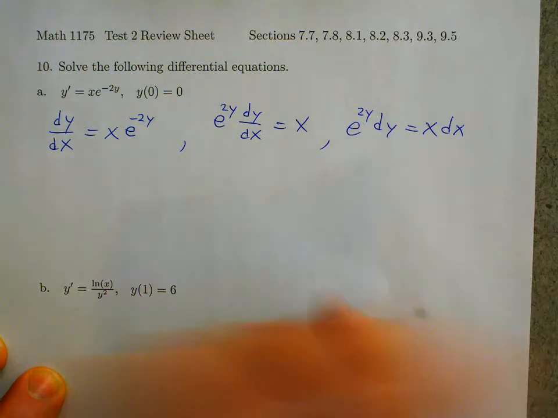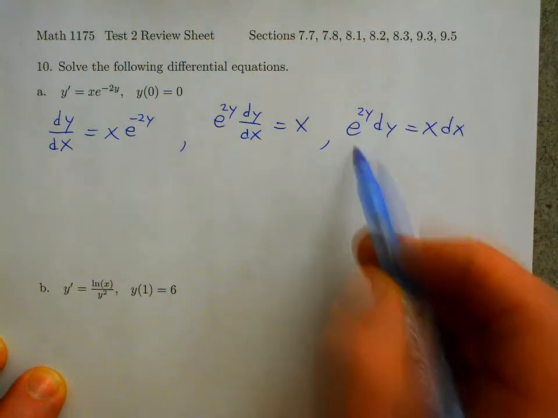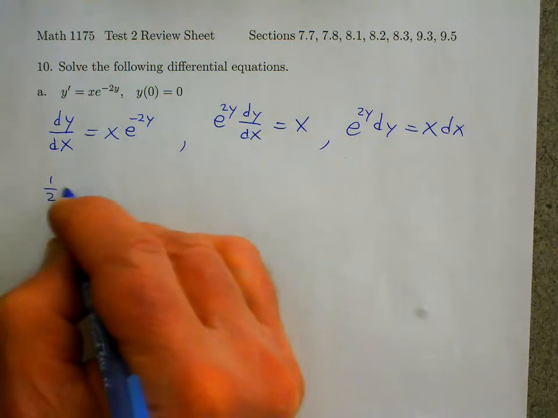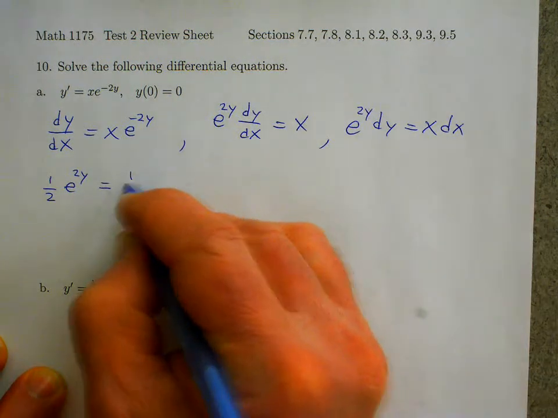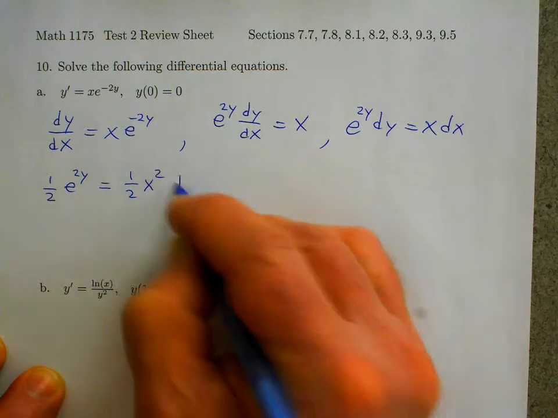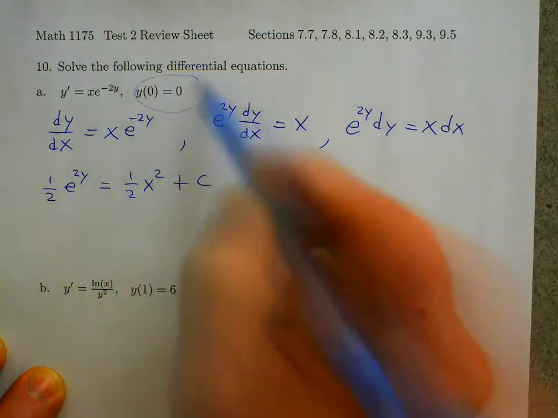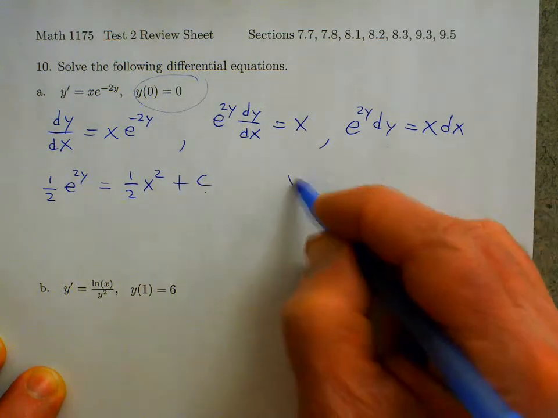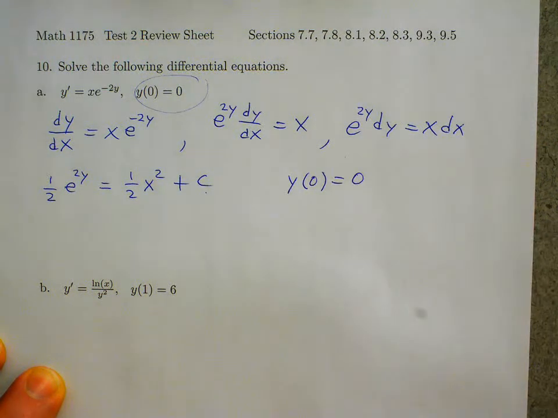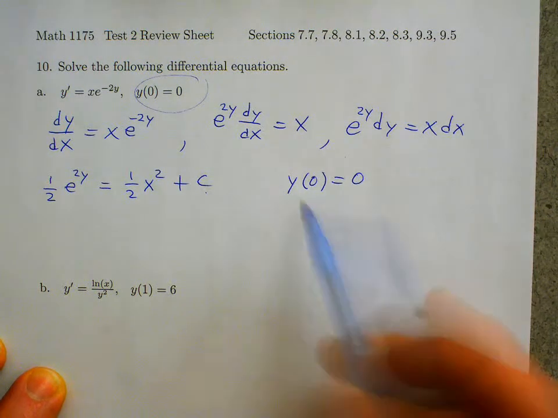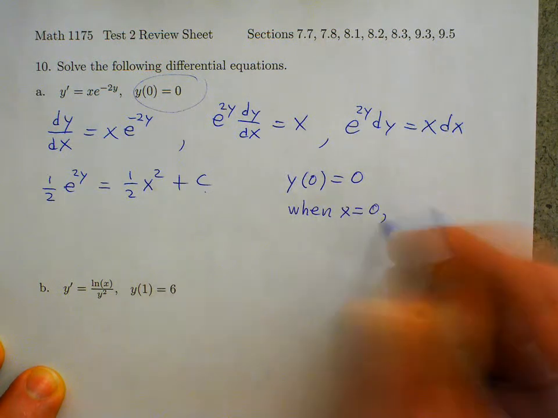I'll skip the step where I write the integrals. When we integrate, we're going to get 1/2 e to the 2y equals 1/2 x to the second plus a constant. And then to determine what the constant is, we use the initial condition. This means when x is 0, y is 0.